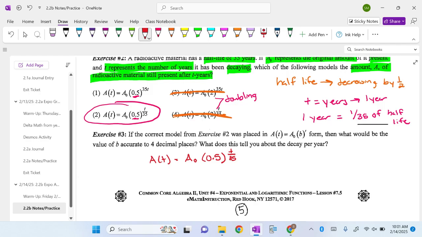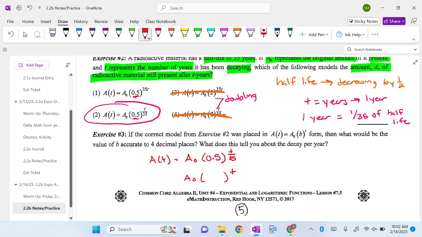So let me ask you this. It wants it in terms of 1 T. So we're trying to figure out A of 0 times what base raised to the T power. So we want to get rid of the division by 35. That's what we're looking for.